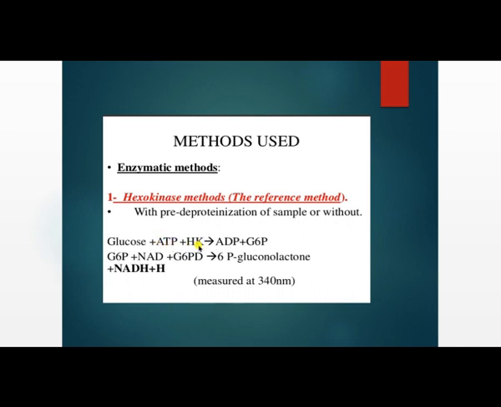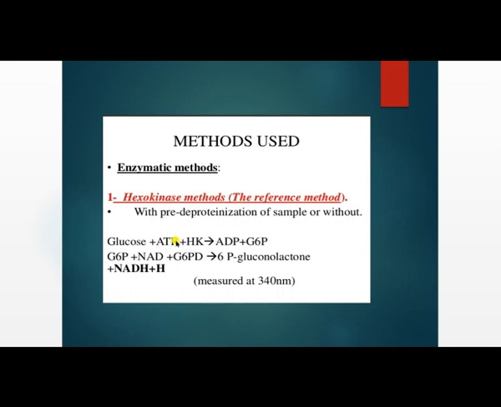HK stands for hexokinase. In the presence of this enzyme, glucose utilizes the ATP for energy and ATP is converted into ADP, because glucose takes one phosphate group from the triphosphate, and a diphosphate is formed instead. And glucose converts into what?